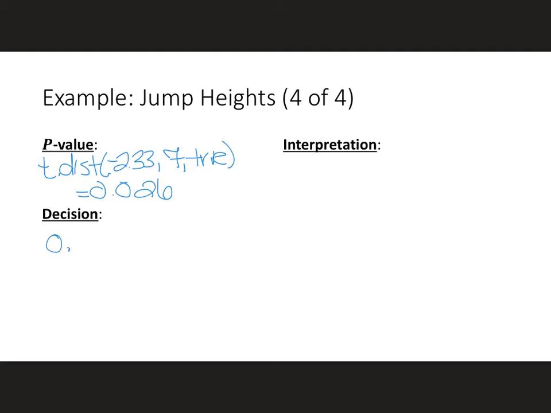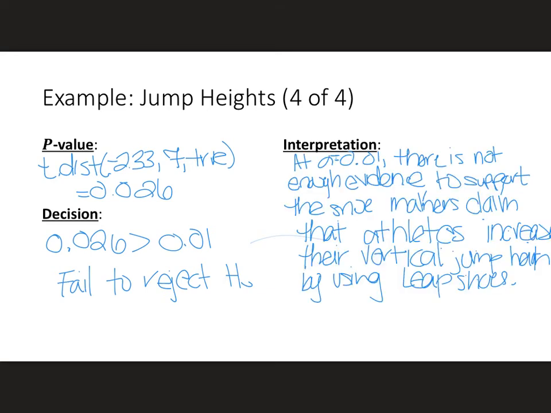Make your decision, so compare your p-value to your alpha, and 0.026 is greater than 0.01, so we're going to fail to reject the null hypothesis, and then of course write your interpretation. Here is the interpretation. At alpha equals 0.01, there is not enough evidence to support the shoemaker's claim that the athletes increase their vertical jump height by using Leap shoes.